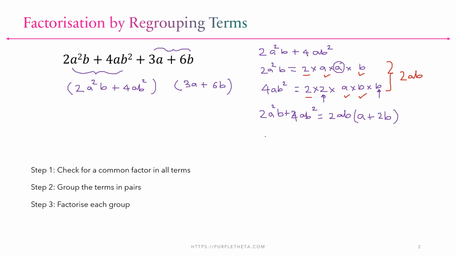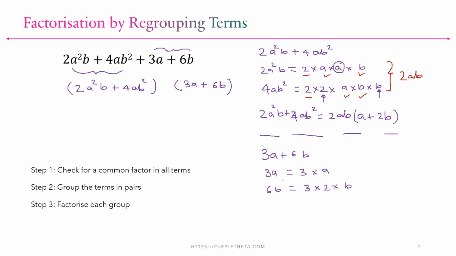Now let us take second group, that is 3a plus 6b, right? 3a will be written as 3 multiplied by a, and 6b will be written as 3 multiplied by 2, that is 6, and then b, right?